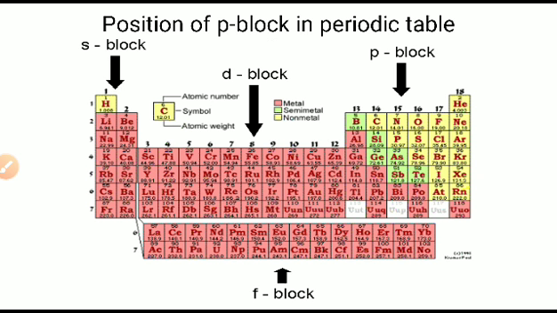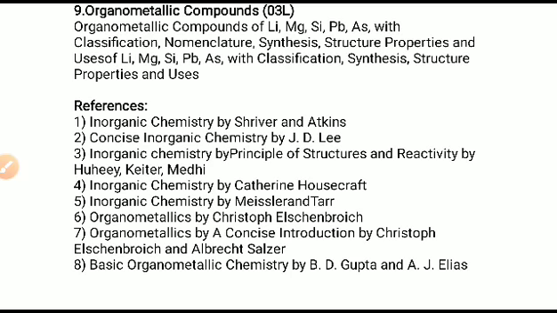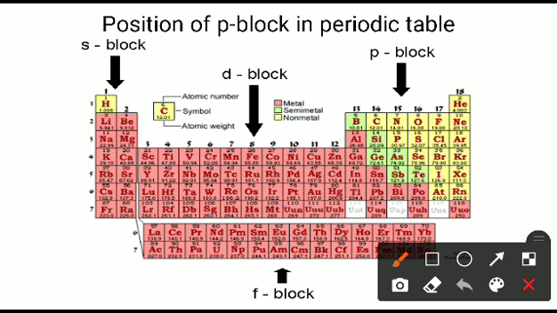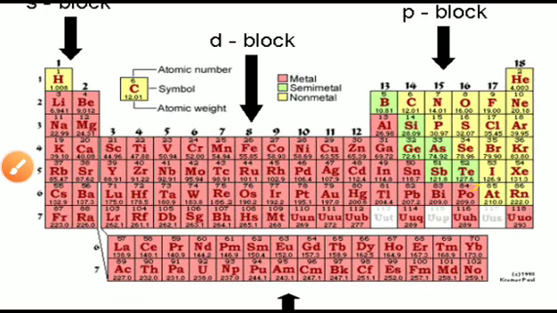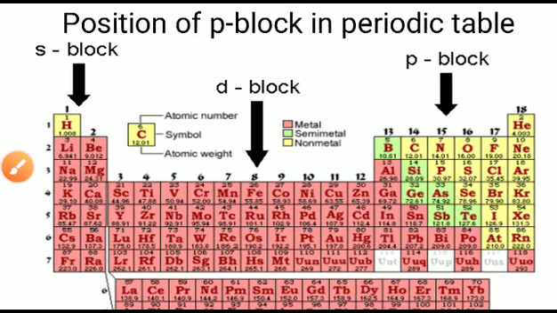So let's start our topic, that is main group elements, which are called p block elements. Here let's see the position of the p block elements. You already studied from 11th class up to the TYBSc the position of p block in the periodic table.